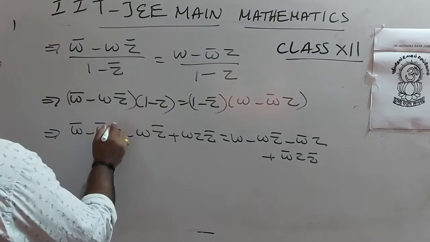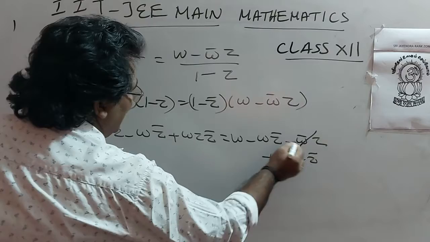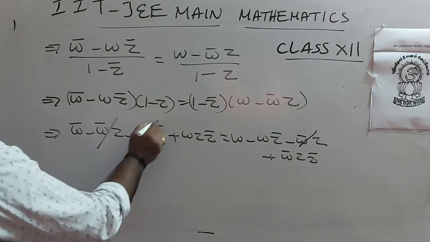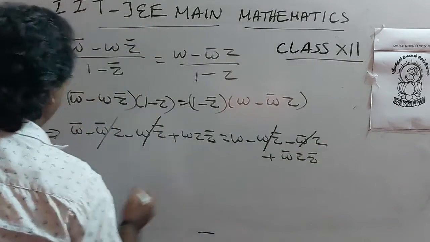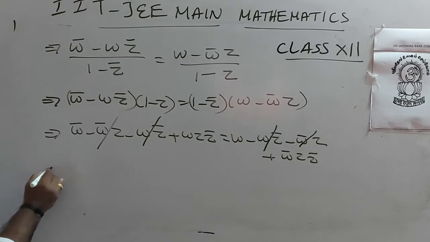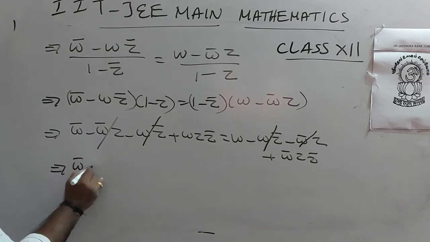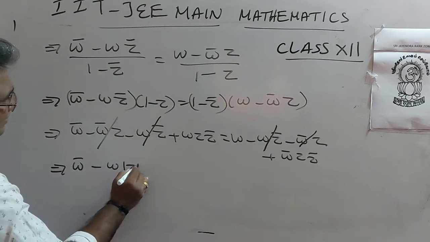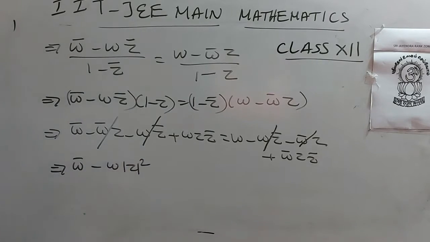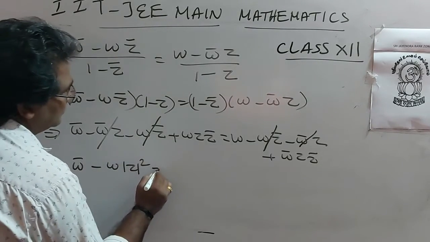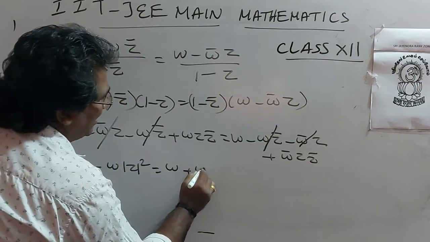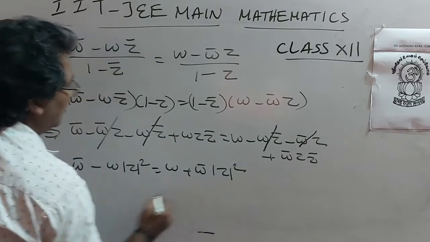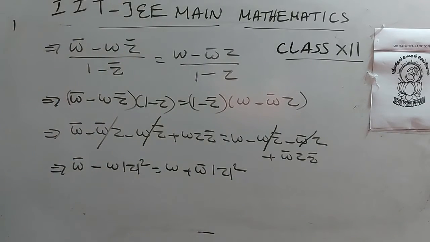Here this omega bar z will be cancelled. Minus omega z bar will be cancelled. Omega bar minus omega equal to modulus z whole square, omega plus omega bar, modulus z the whole square.